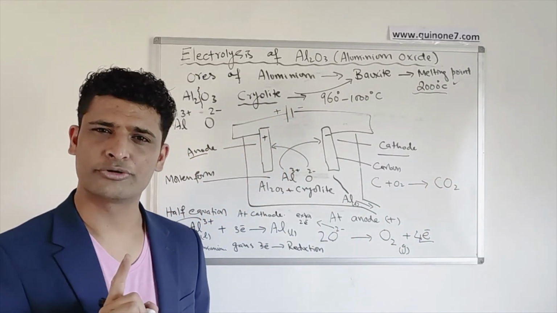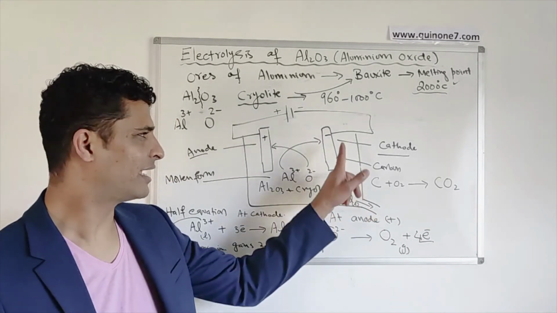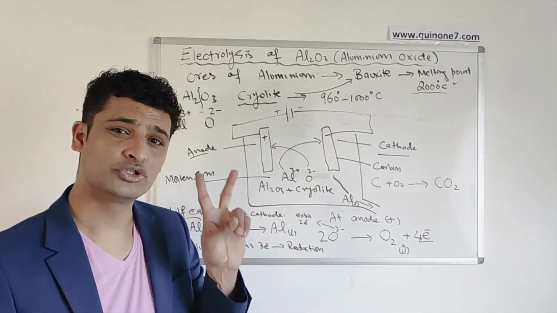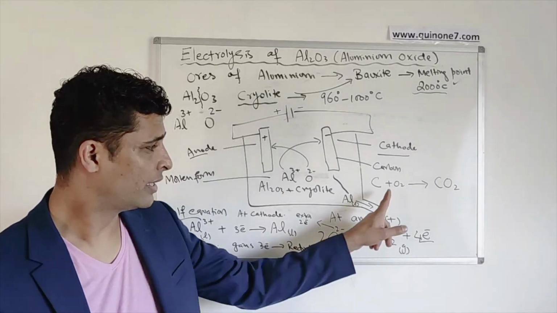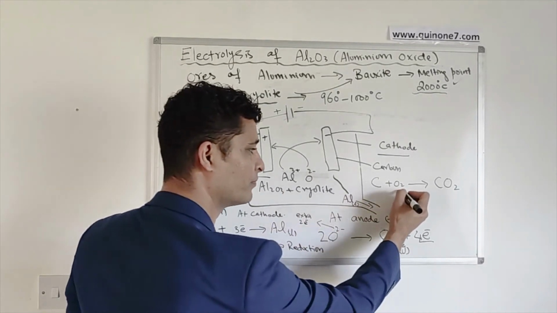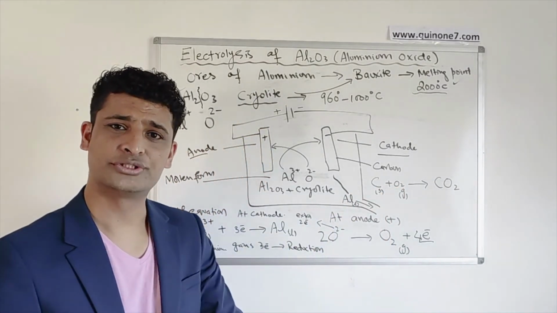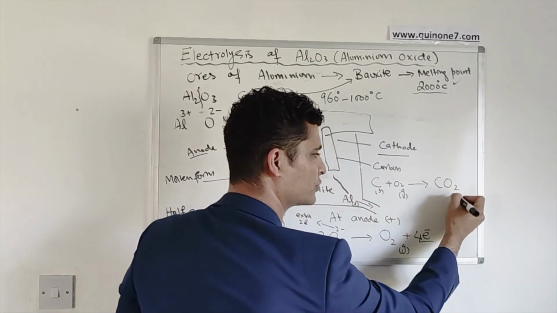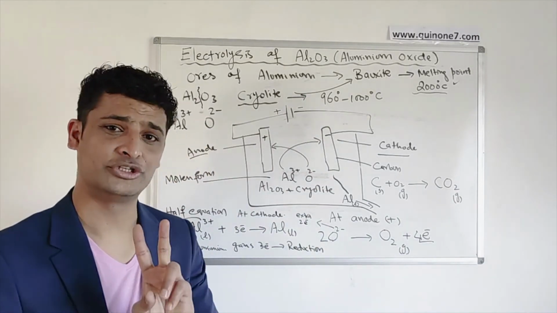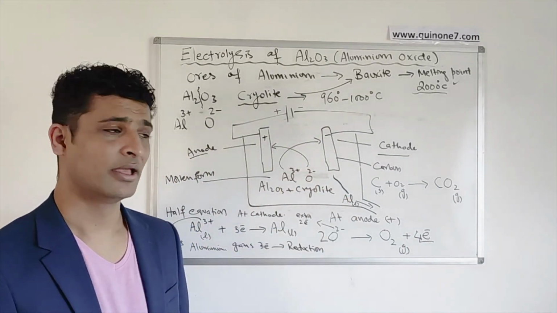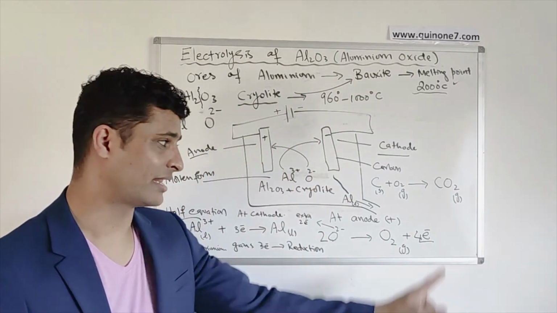So one product is aluminium metal at the cathode, but at the anode you have 2 products. One, oxygen gas itself, and you will also get oxygen combining with carbon to produce carbon dioxide. So you will have 2 gases produced at the anode. So that's an extra product.